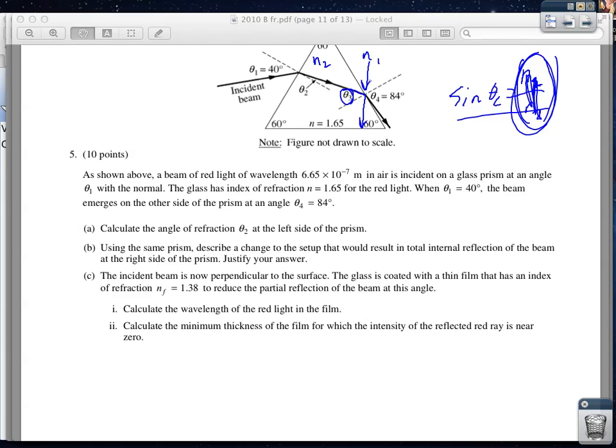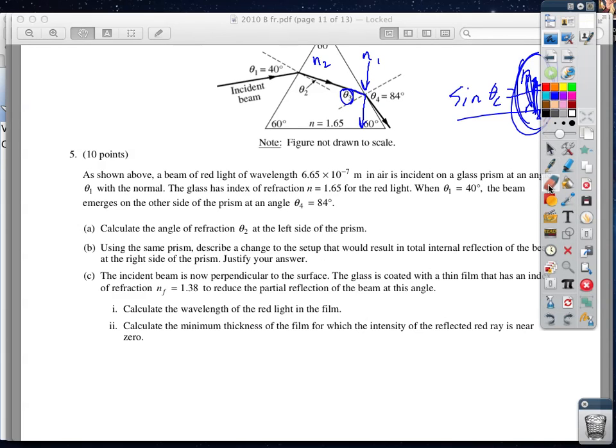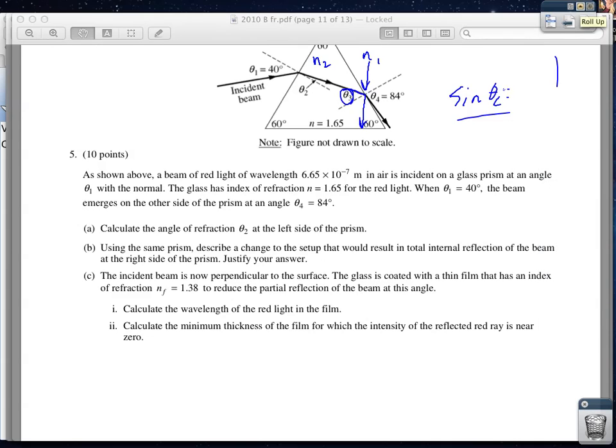Because when you actually follow the formula of total internal reflection, is it n2 over n1, or n1 over n2? It's on your formula sheet. It's n2 over n1. If you're coming from out here, that flips which one's n2 and which one's n1. So it won't work.